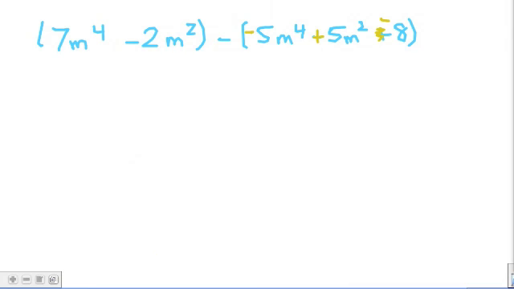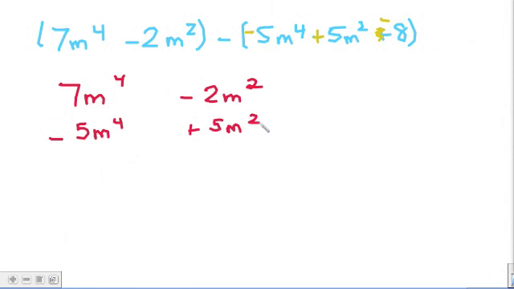Now we can stack. We don't have to worry about the signs. So let's go ahead and do this one. 7m to the fourth minus 2m squared. All right, now let's do the next one. We have minus 5m to the fourth plus 5m squared minus 8.